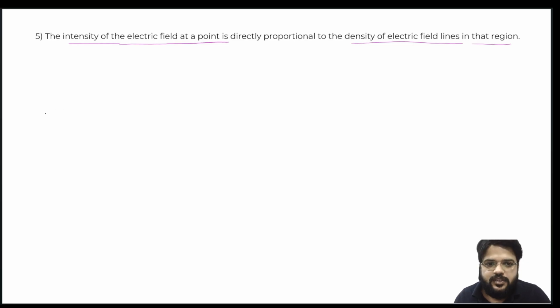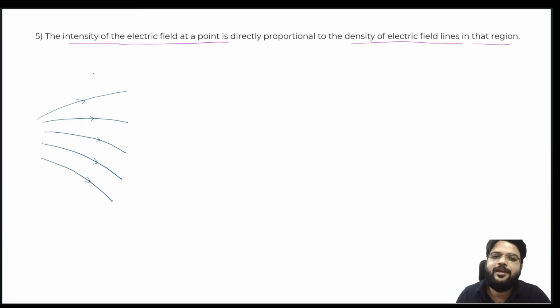Let's suppose these are the electric field lines, a non-uniform electric field. Here we are choosing 2 points, P1 and P2, and we want to see the intensity of electric field at P1 and P2. So how can we decide where we have greater intensity and where we have less intensity? We will see the density of electric field lines.